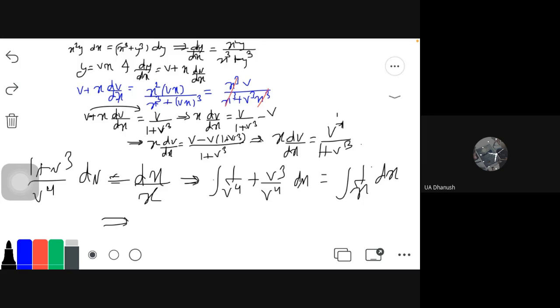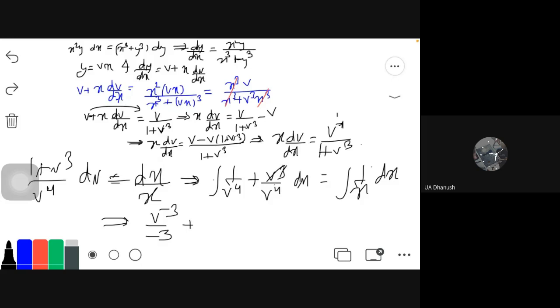So integration of 1 upon v raised to 4, so v raised to minus 4 will go up, so that will become v raised to minus 4 plus 1, so v raised to minus 3 upon minus 3, plus this v cube and this gets cancelled.